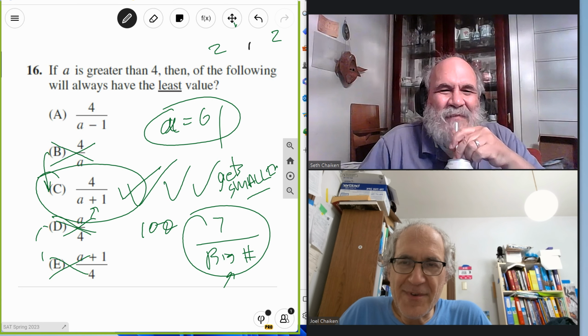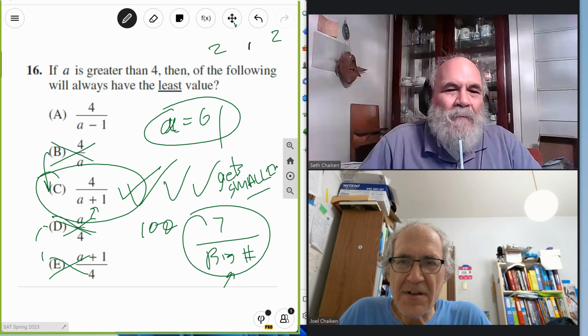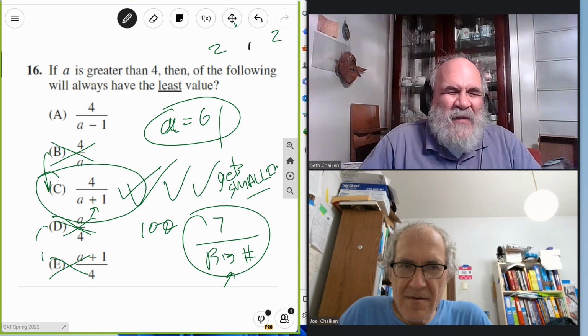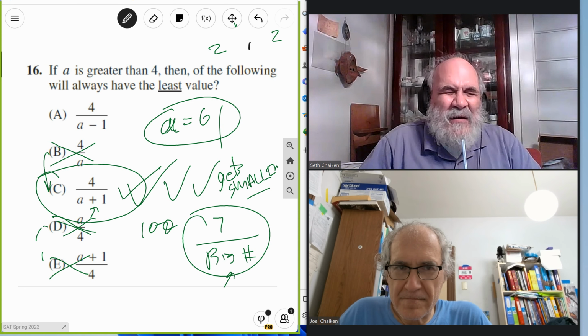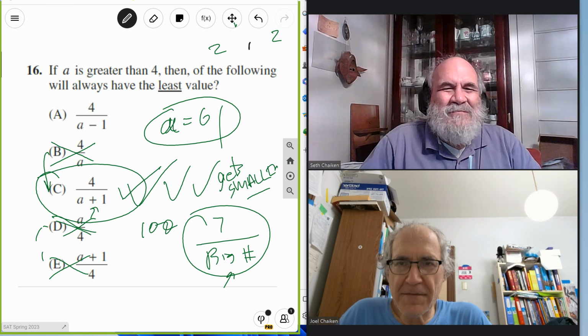But we're talking about A greater than 1, not 0. Strictly, if A is a little bit greater than 1, then the top one is humongous.